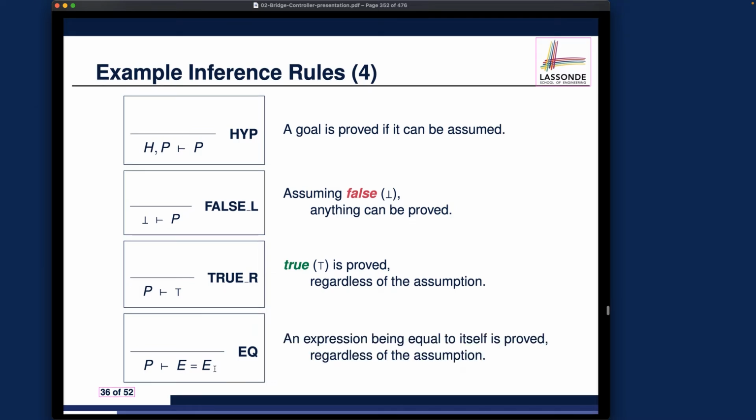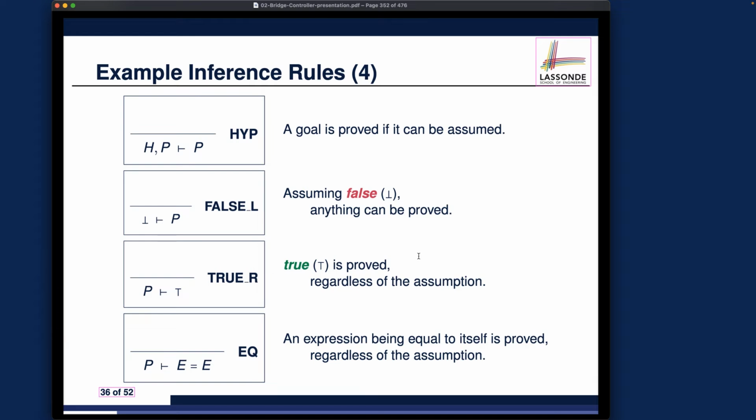So an expression being equal to itself is proved regardless of the assumption. It's very similar to when you try to prove true, because E equals E can definitely be reduced to true, which can be proved automatically regardless of the assumption. So these are the axioms I would like to talk about.